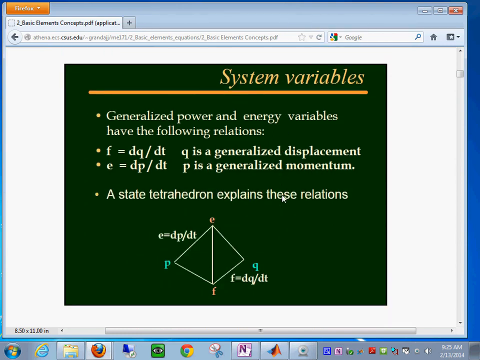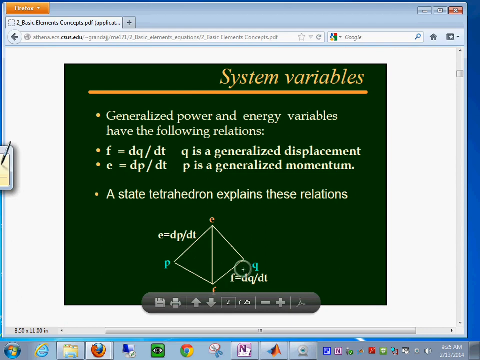Now, if we generalize these so-called power variables, we could also come up with the so-called tetrahedron of state, which Paynter invented to represent the four variables that we use in this notation.